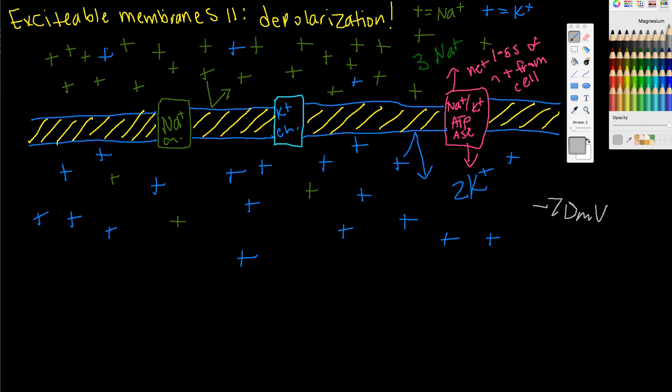But now we've introduced these players, the sodium and the potassium channels. So before I tell you what these do, I want to define some channel terms for you. So channels are transmembrane proteins that let things through.